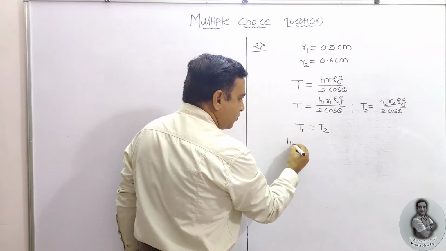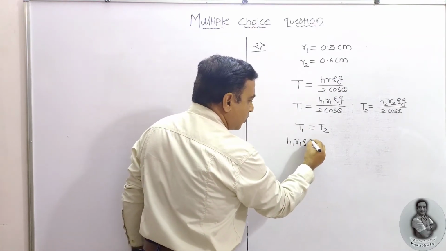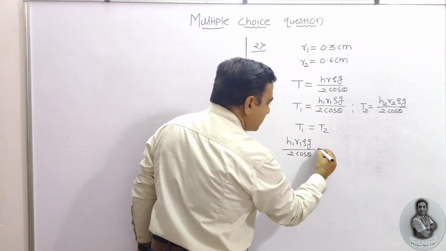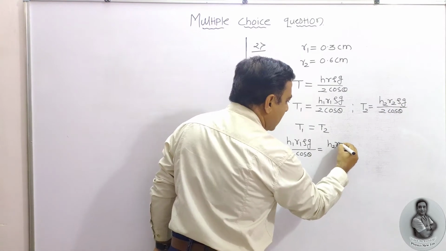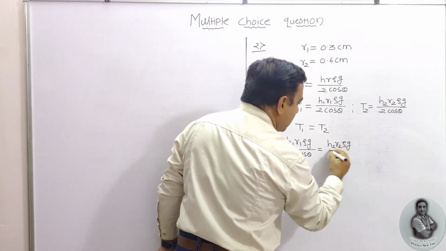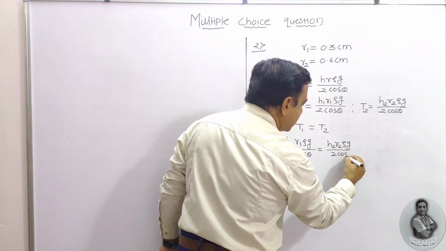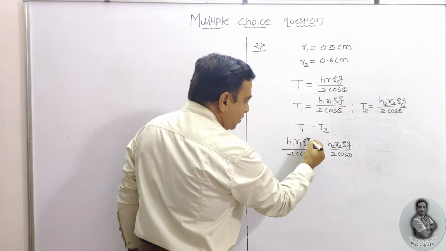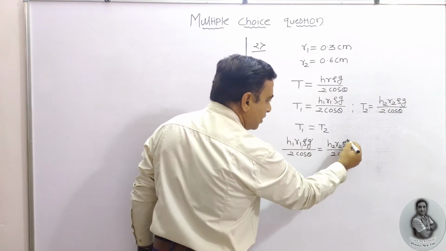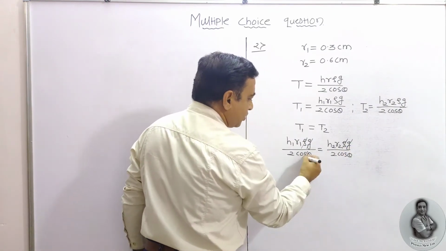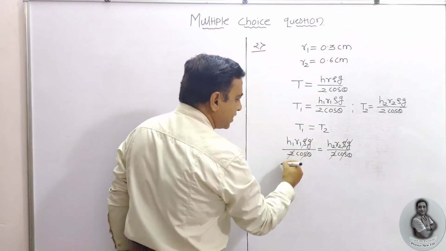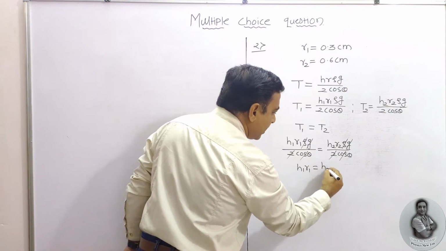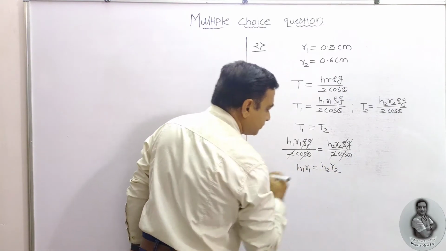So h1 r1 rho g upon 2 cos theta is equal to h2 r2 rho g upon 2 cos theta. Similar terms get cancelled. Here rho, g, cos theta and 2 get cancelled. The only remaining factor is h1 r1 is equal to h2 r2.